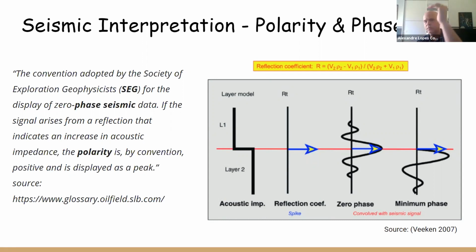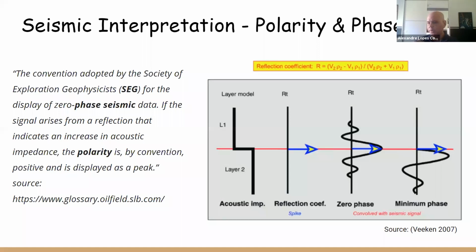For example, if you go from a water layer down to a shale, the interface will show an increase of acoustic impedance, and so the seabed will be represented by a hard kick, a peak, a black peak. This is the concept of polarity.